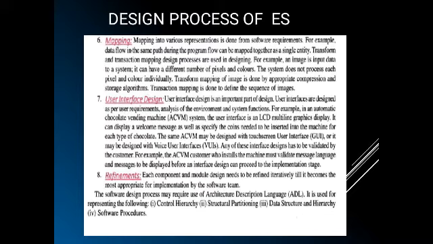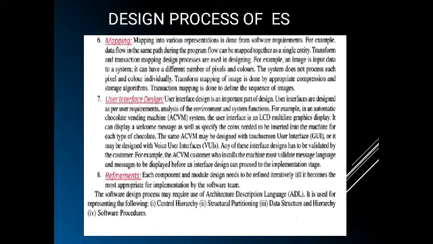Transaction mapping is done to define the sequence of images. So when you are mapping, there should be one entity and it has to be mapped to the appropriate format. Next, user interface design. We are designing everything for the customers, so it should be customer usable and understandable. So user interface design is an important part of the design.